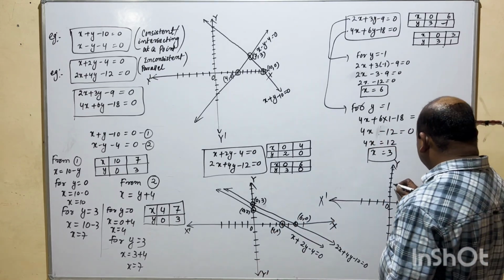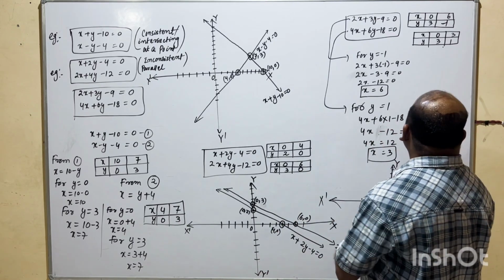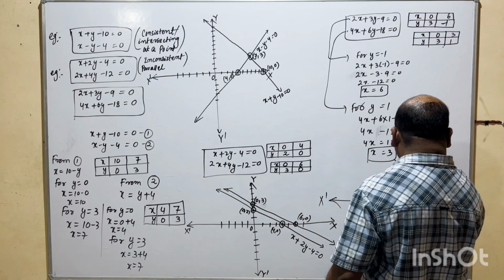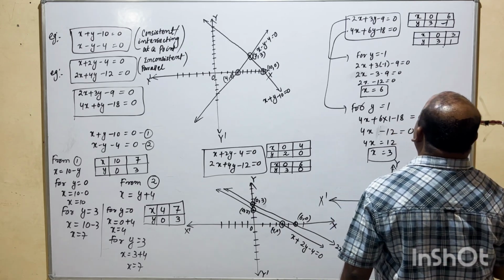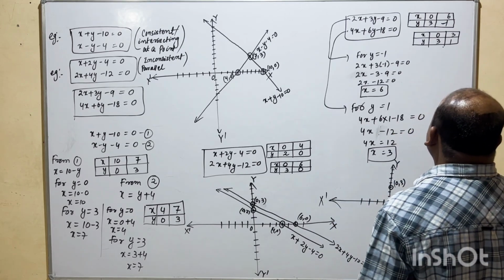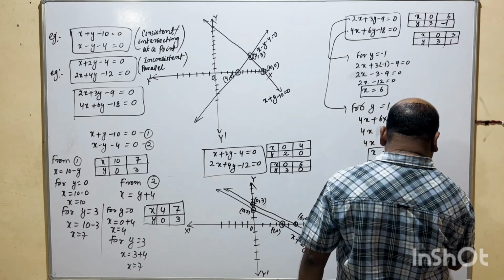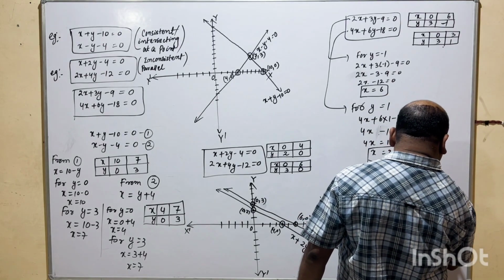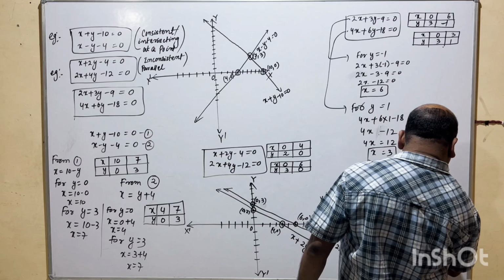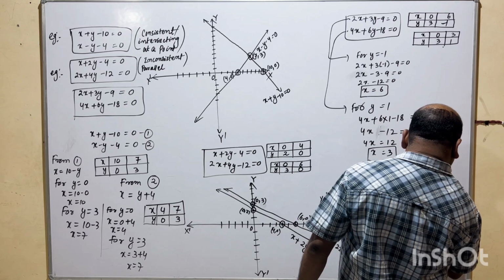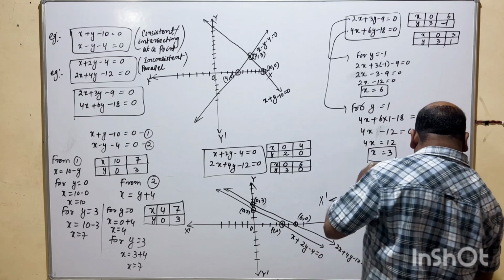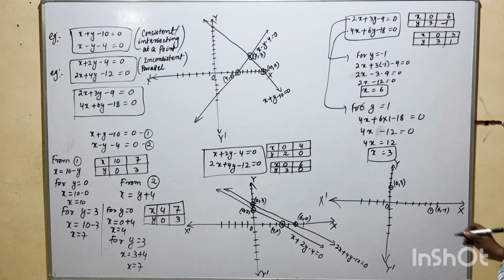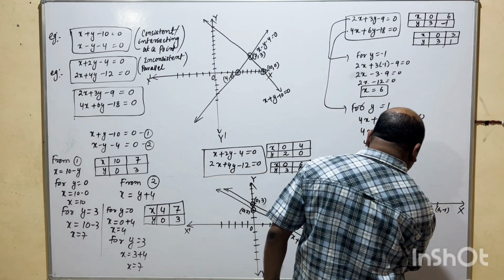So 0, 3 on the positive y axis, and 6, minus 1. Then 0, 3 again, you just join these two points.